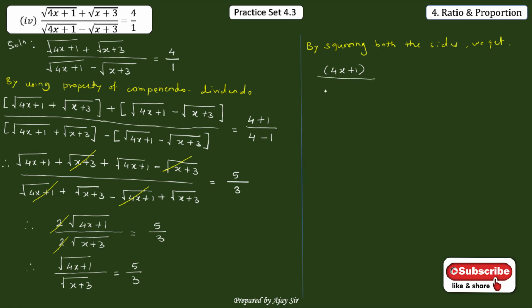Here only x plus 3 will remain after squaring. The square root term will get removed after squaring. Now here it is 5 square, and this is 3 square.